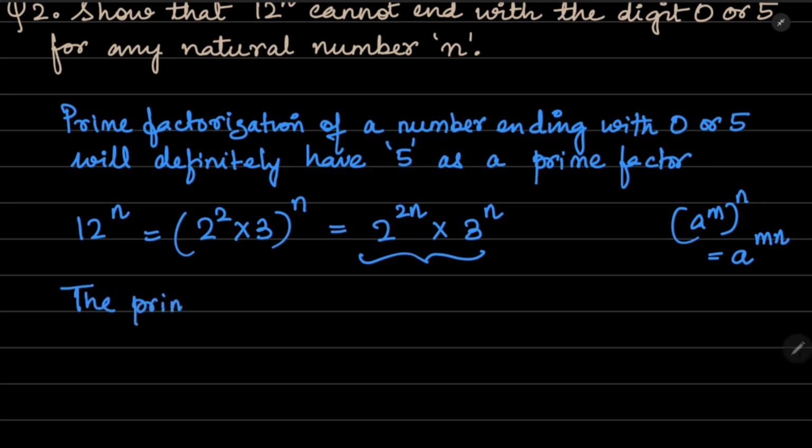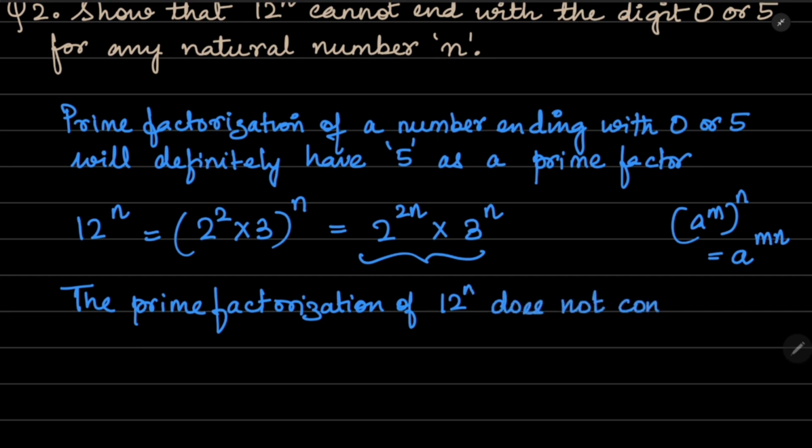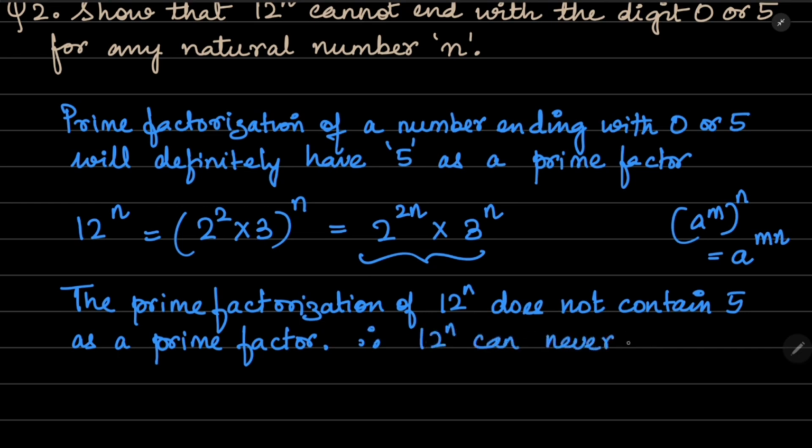The prime factorization of 12 to the power n does not contain 5 as a prime factor. Right? It's only 2 and 3 that you can see here. Therefore, 12 to the power n can never end with either 0 or 5.